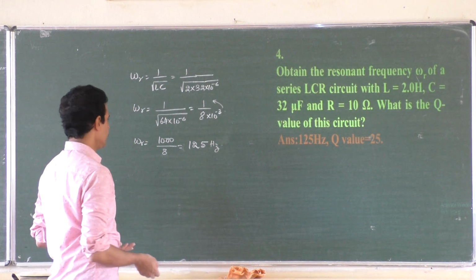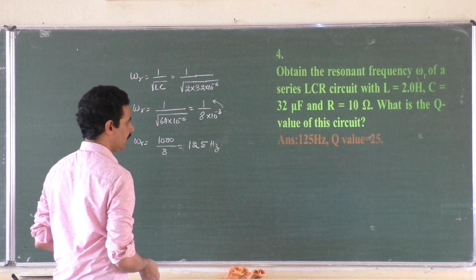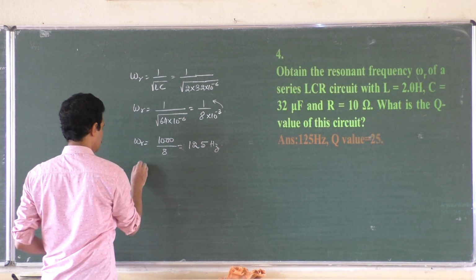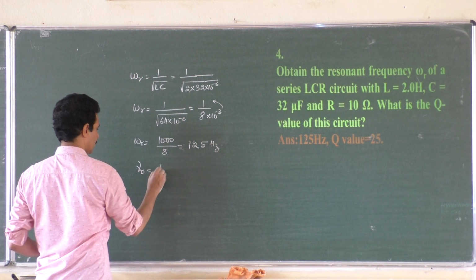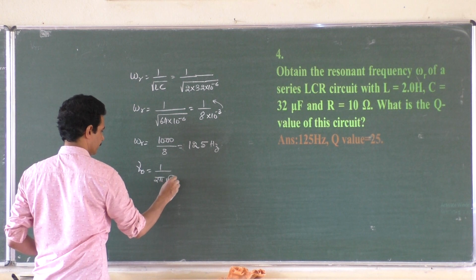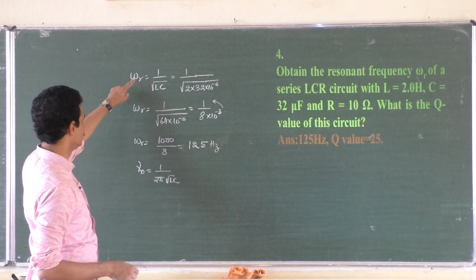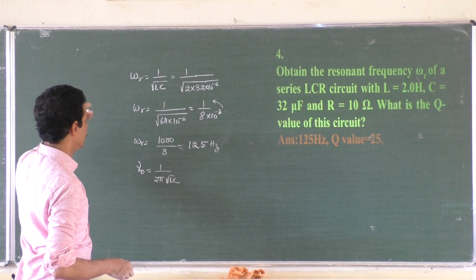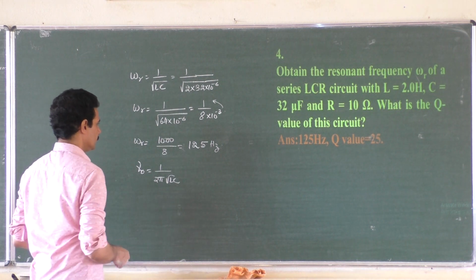Now, if you want to have nu R, the resonant frequency nu naught, it is 1 by 2 pi root LC. That's the difference. 2 pi nu naught is equal to 1 by root LC, so you have to divide this.